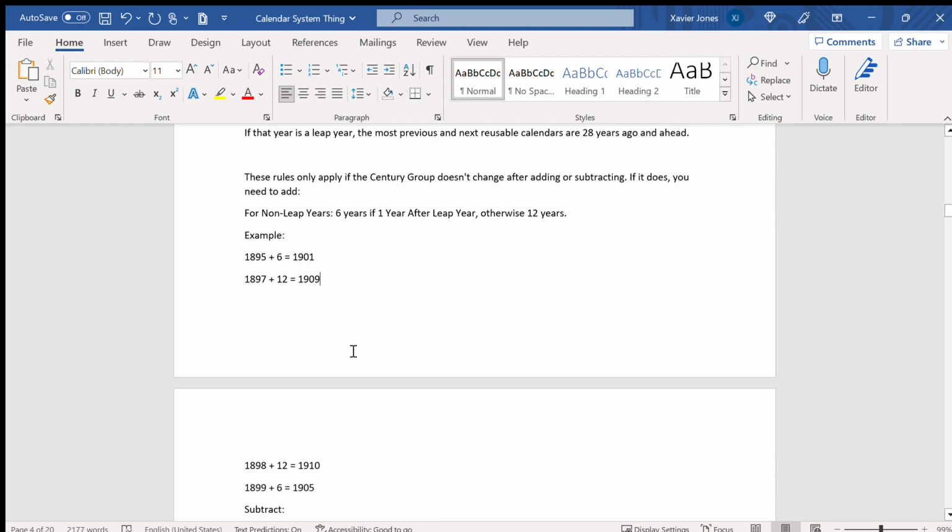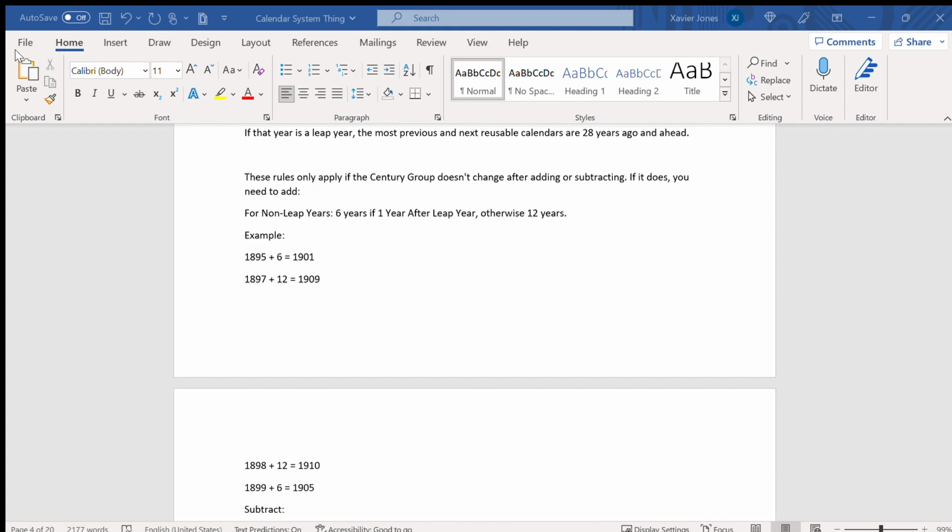Do I know that 1902 doesn't work? Well, 1902 obviously can't work because that would just be going back a year. That would just be January 1st on a Wednesday, not on a Friday.